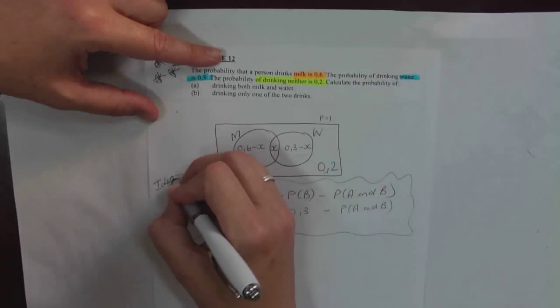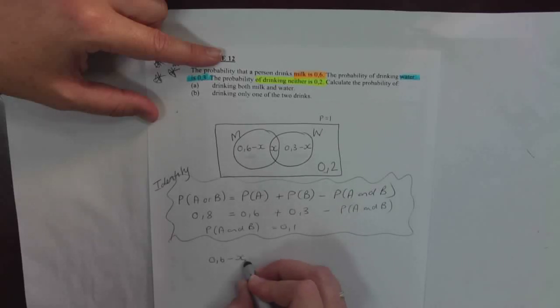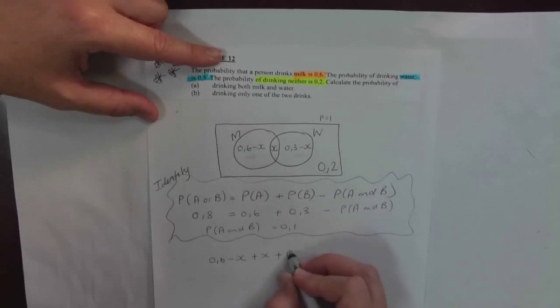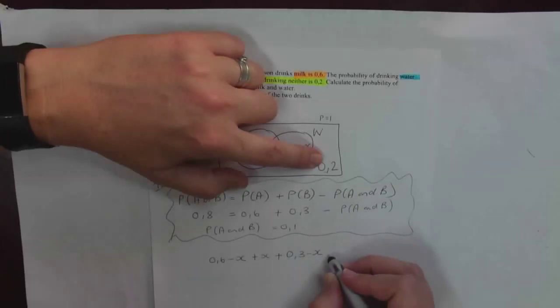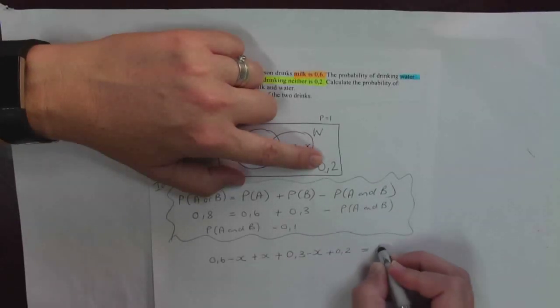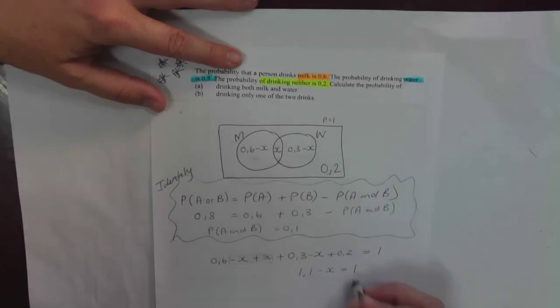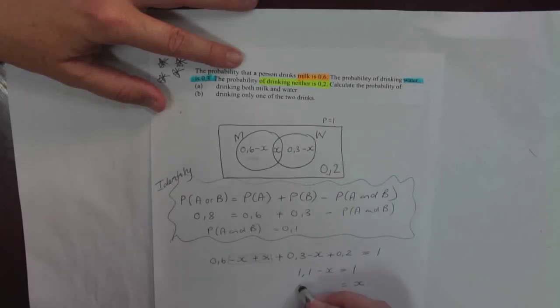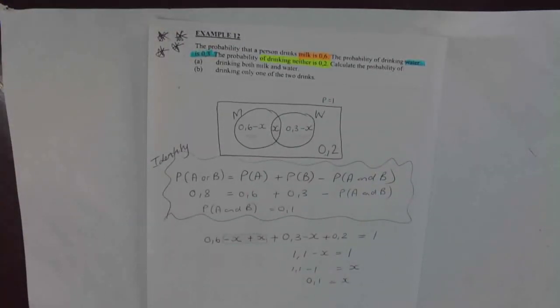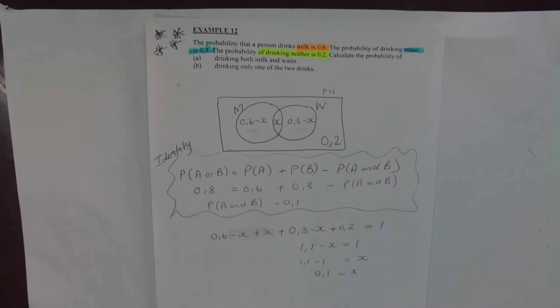That's using the identity: 0,6 minus x plus 0,3 minus x plus my people that don't drink must equal 1. So minus x plus x will give me 0. That's 0,9. That's 1,1 minus x equals 1. If x moves to that side, 1,1 minus 1 gives me 0,1. So two possible ways for me to solve this question. Either draw a Venn diagram or use the probability identity.